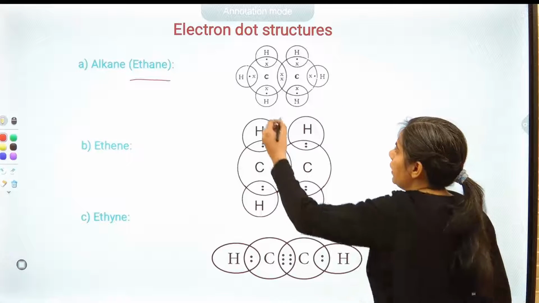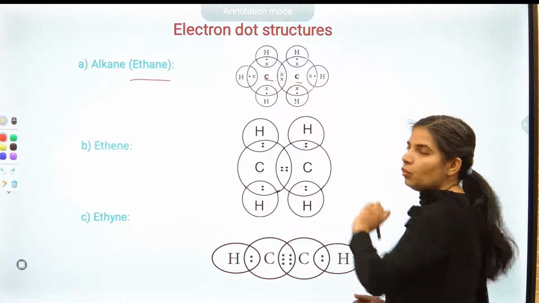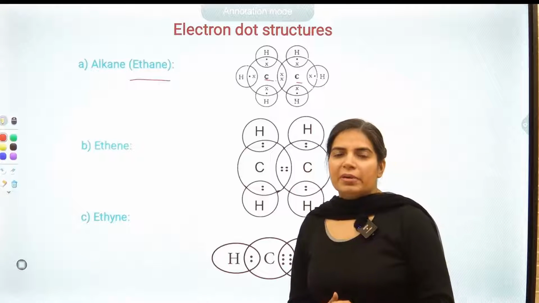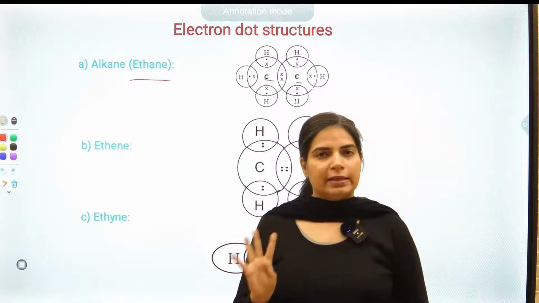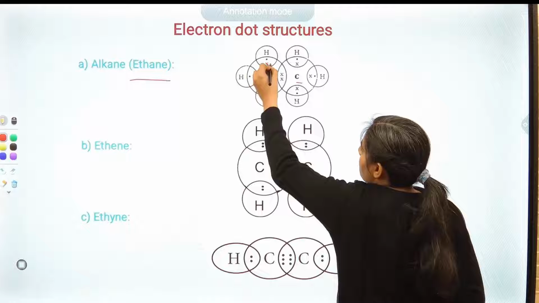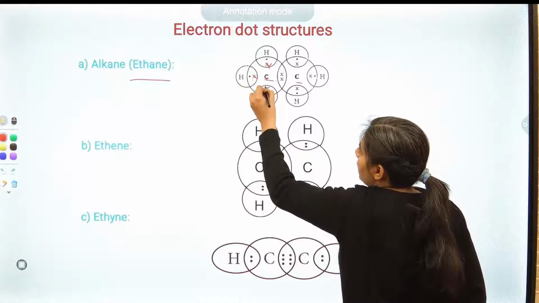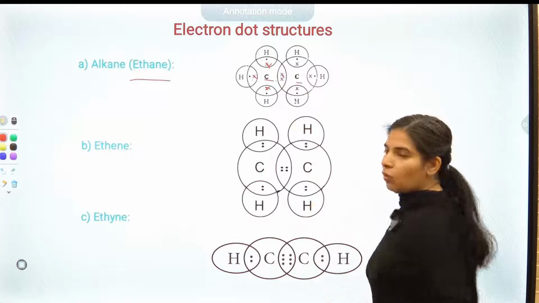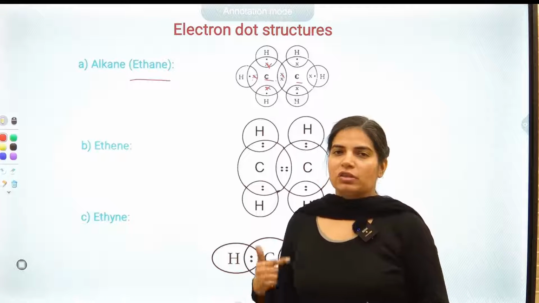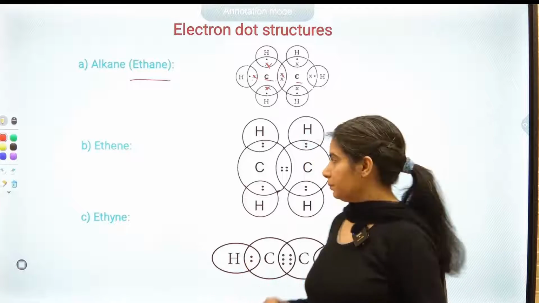In case of ethane, we have 2 carbons, and if I talk about the valence electrons, carbon has 4 valence electrons. In case of hydrogen, each hydrogen contains 1 electron.